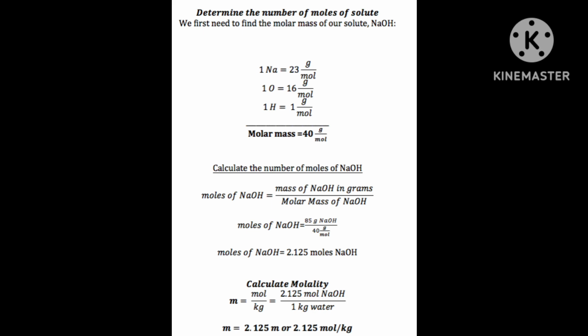You can write the formula like that. Then you can calculate the molecular mass. It will come to 60 gram per mole. Okay, 60 gram is the capital M value.